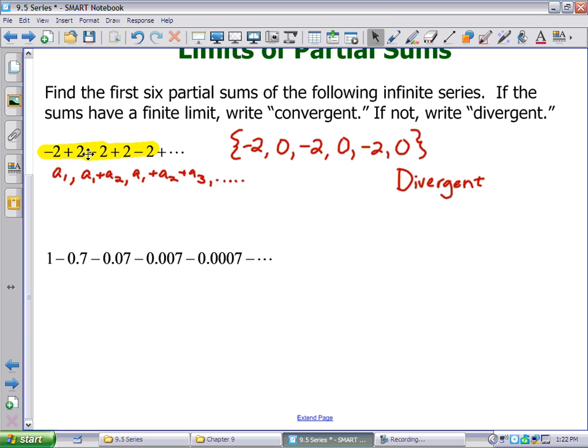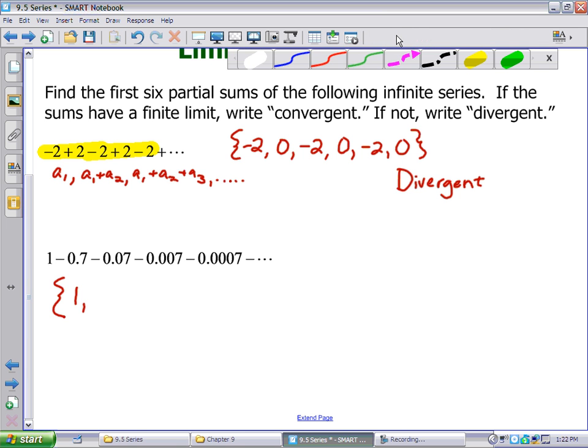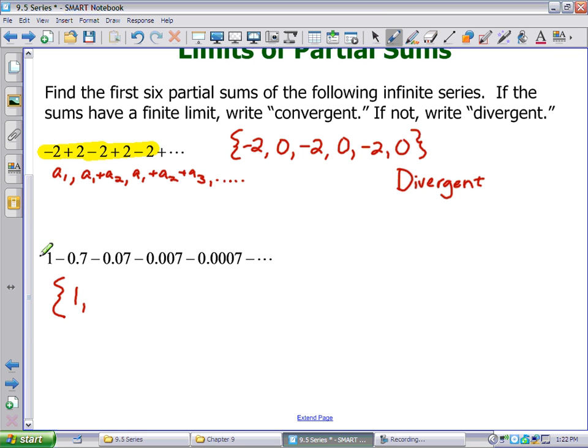Okay, the next one, we're going to again do the same thing. So we're going to write down our pattern here. And our a sub 1 sum, our first partial sum is 1. My next partial sum would be a sub 1 plus a sub 2.